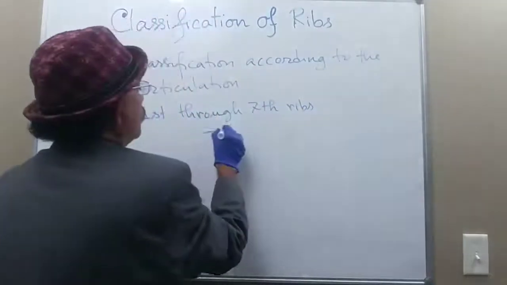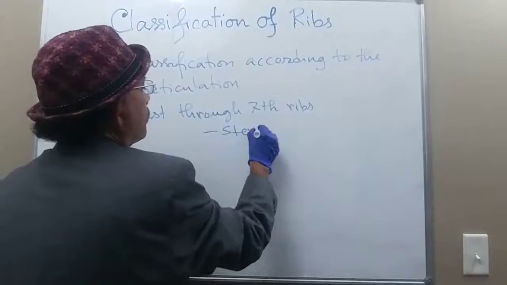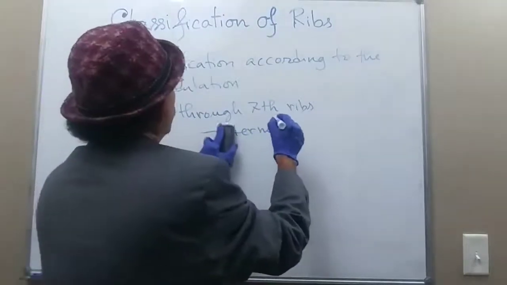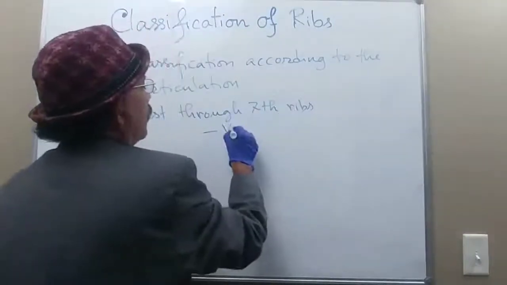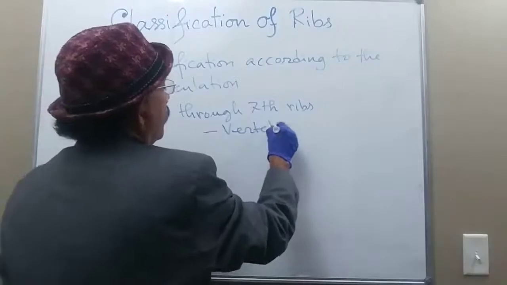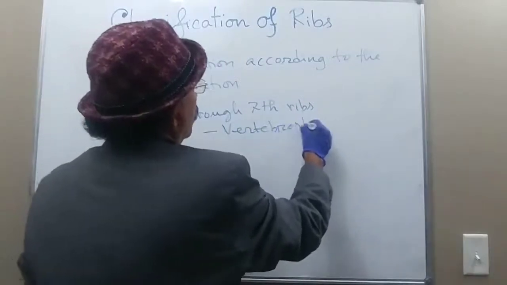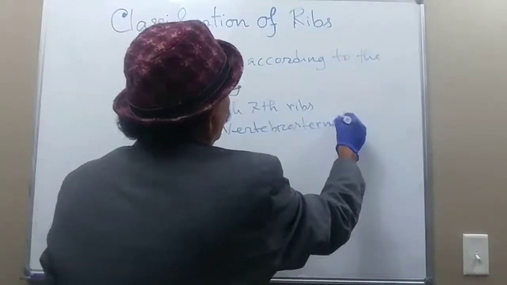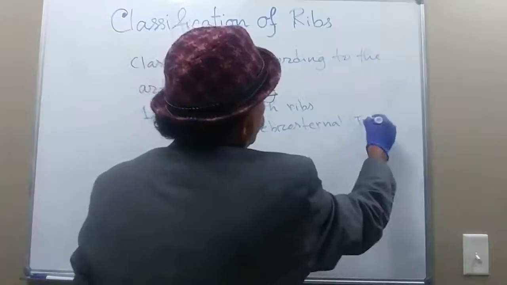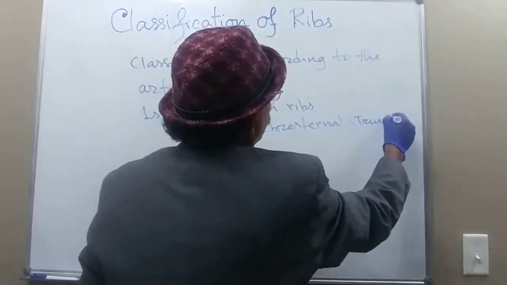These are sternal. These are vertebrosternal. They are also the true ribs.